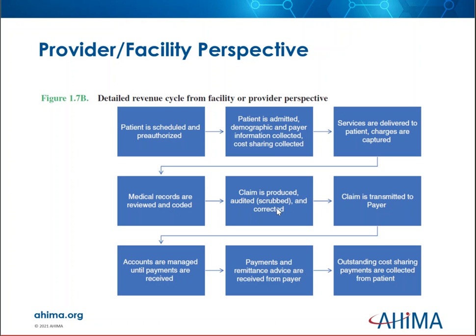And so best practice would be to audit the claim and make sure that all the demographic information is correct. The patient's name is spelled correctly, their health insurance number is correct, their date of birth is correct. And currently in the United States, claims are typically submitted electronically.